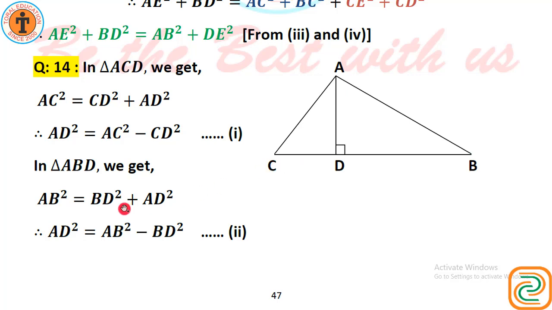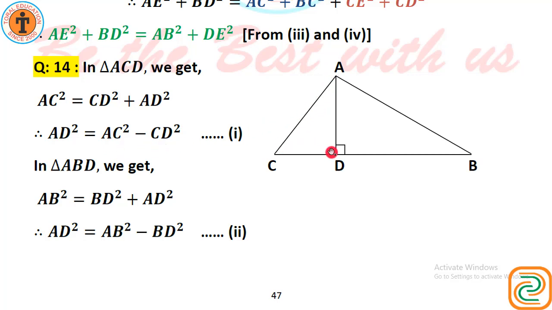Now this is a tricky question. Here AC square equals CD square plus AD square, in triangle ACD, where AC is the hypotenuse. Therefore AD square is AC square minus CD square.